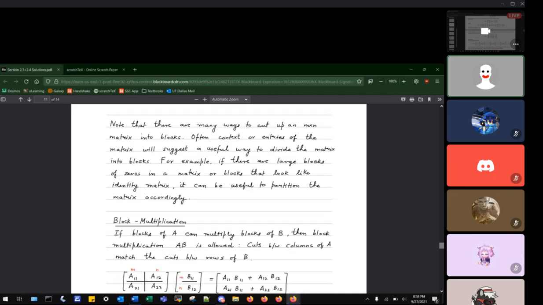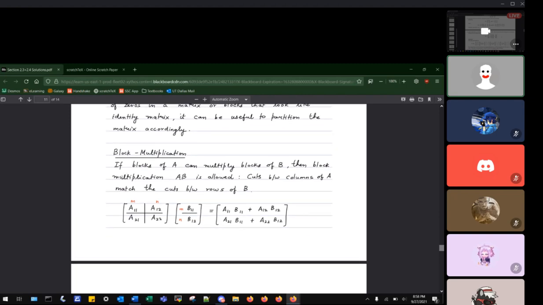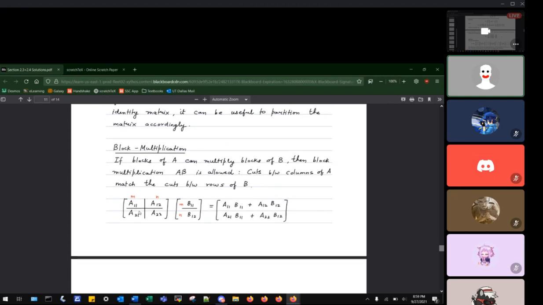And so this is really useful when you're doing block multiplication, which is when you multiply a larger matrix with a larger matrix, and you want to simplify it a little bit.